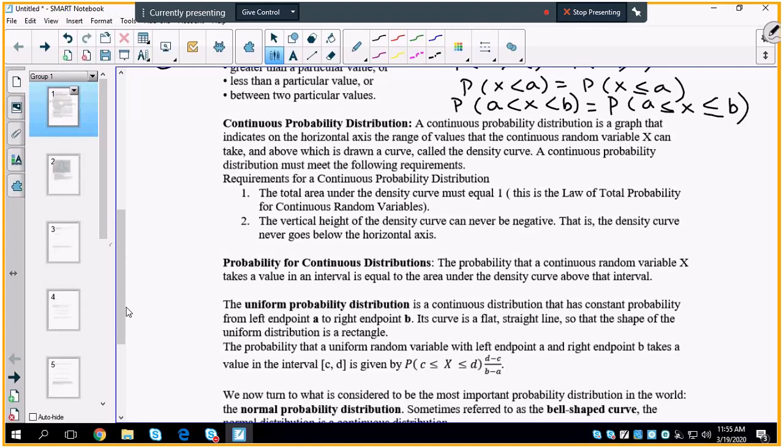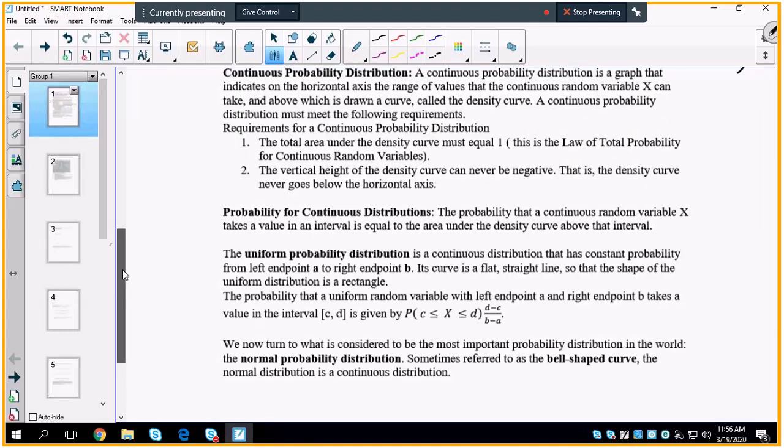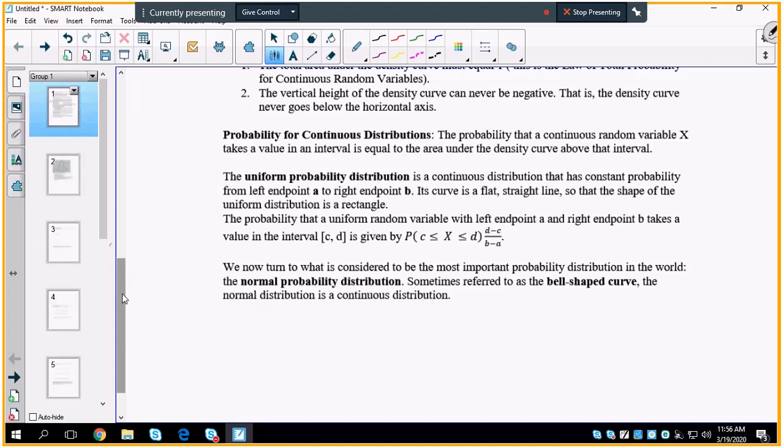The vertical height of the density curve can never be negative, so it is always above the x-axis. That is, the density curve never goes below the horizontal axis. For a continuous distribution, the probability that a continuous random variable X takes a value in an interval is equal to the area under the density curve above that interval.